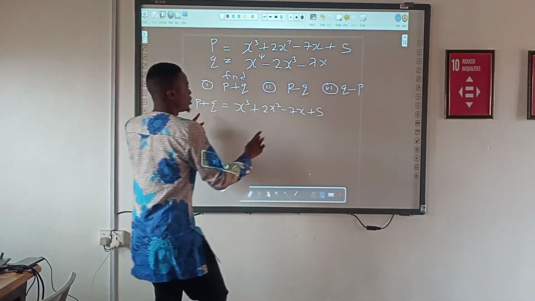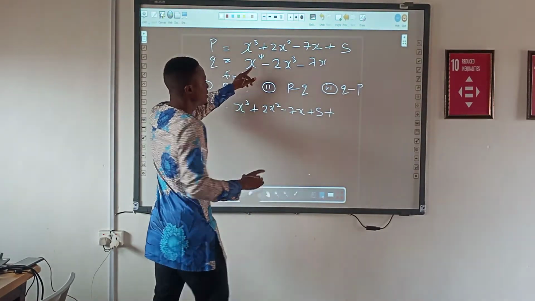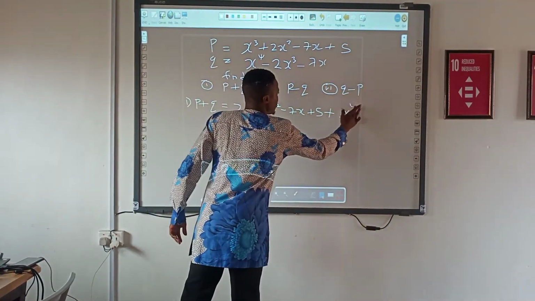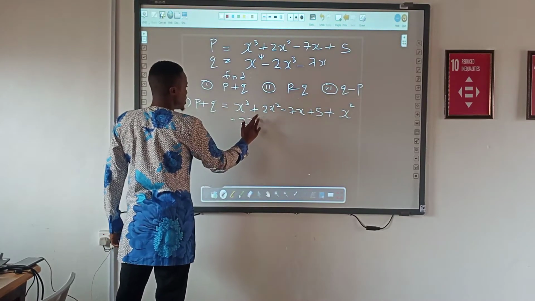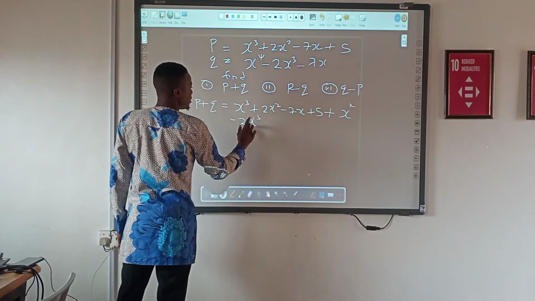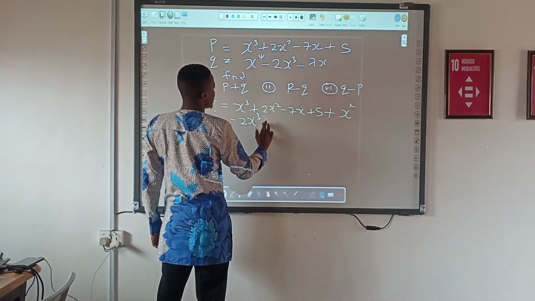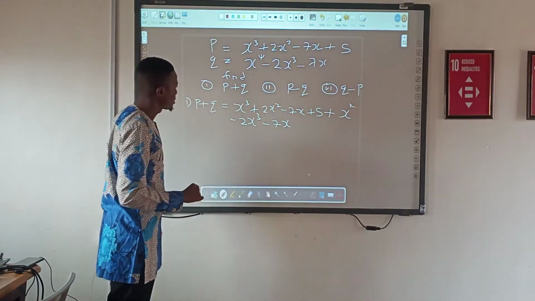Isn't it? Yes. So you put your addition sign. The next, Q, is x to the power of 4 minus 2x cubed minus 7x. So you now pair according to like terms.